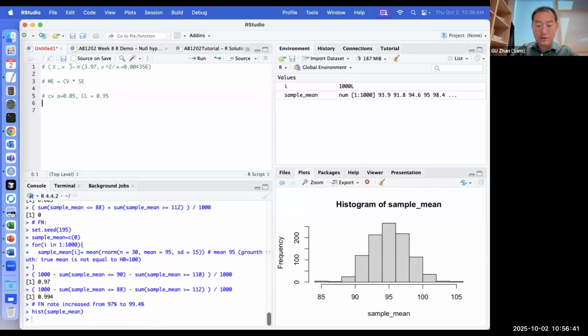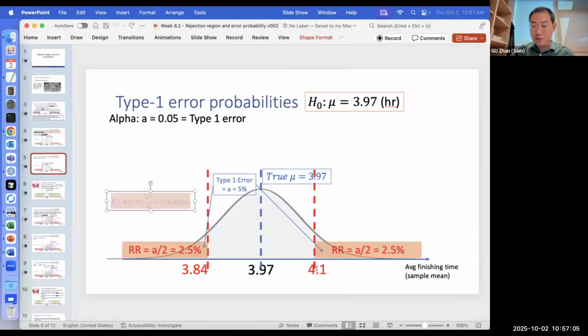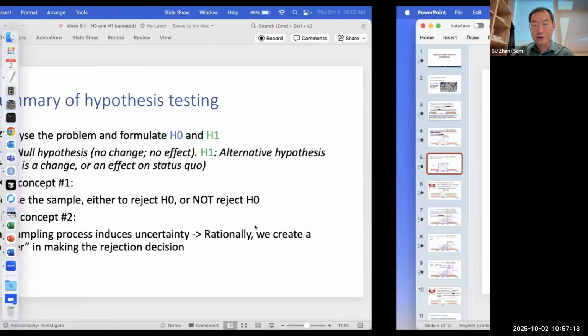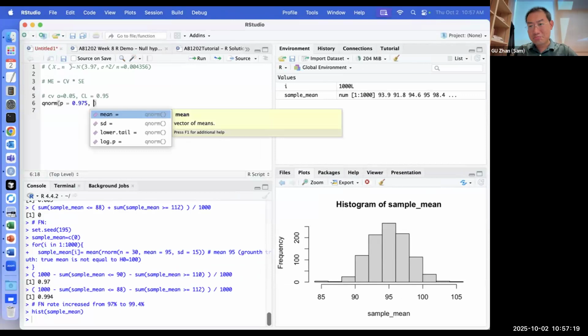So to find the critical value, we use qnorm with the probability we want, which is 0.975, because there's 2.5% area in the tail. Basically, we want to find this cutoff, where the area to the left of this red cutoff line is 2.5% plus 95% in the middle, so 0.975.